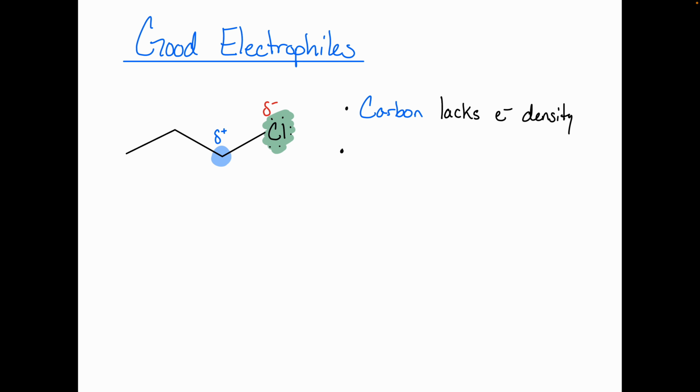It plays the role of a leaving group, right? So that's also why these are such great electrophiles. Yes, our carbon lacks electron density, but we could make that same argument with an alcohol, and an alcohol is not a good electrophile, right? What makes alkyl halides unique is that they have these good halogen leaving groups. So my halogen is a good leaving group.